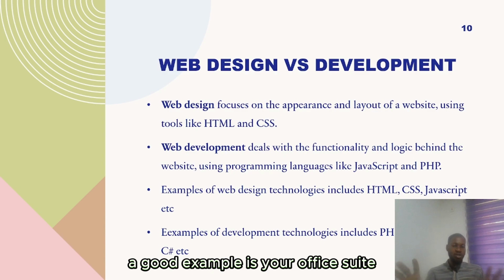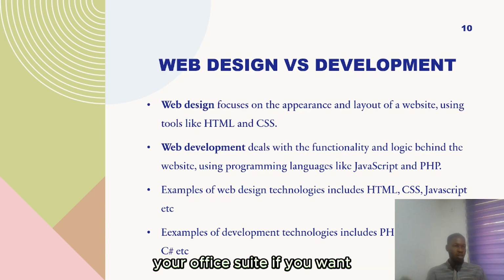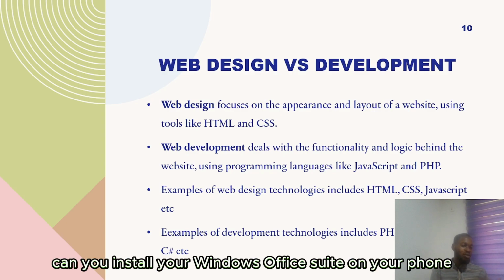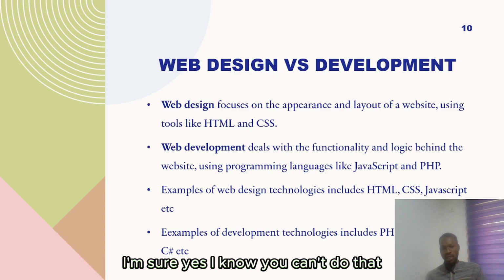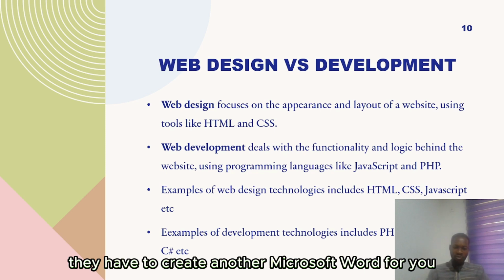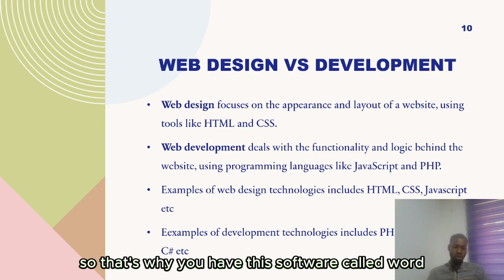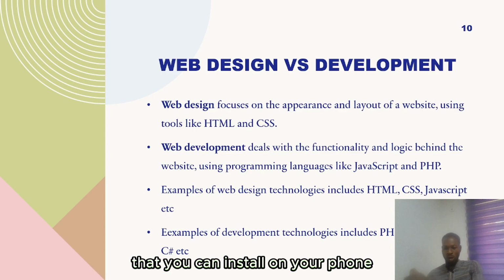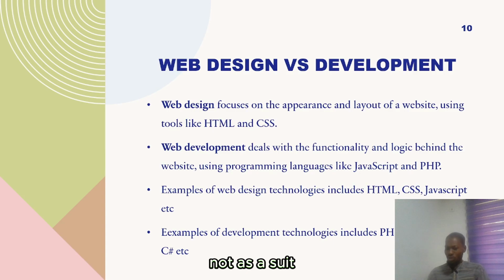A good example is your office suite. Your office suite, can you install your Windows Office suite on your phone? I'm sure the answer is no, you can't do that. So if Microsoft wants you to have access to Microsoft Word, they have to create another Microsoft Word for you. So that's why we have this software called Word that you can install on your phone, not as a suite, take note, but as a product, as an application.